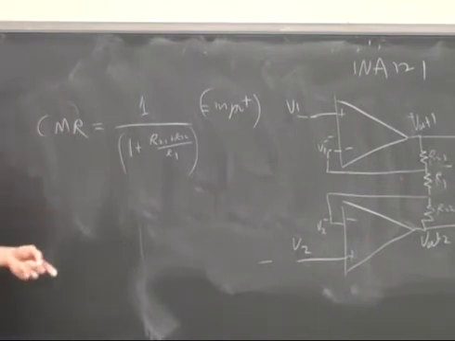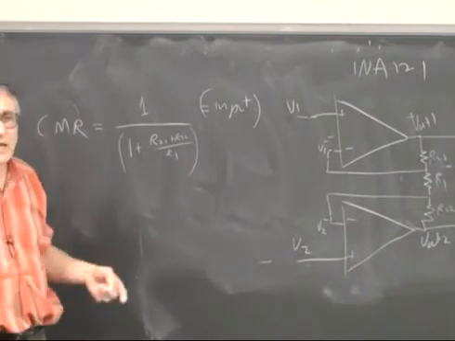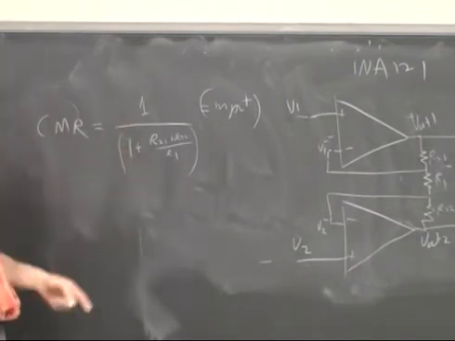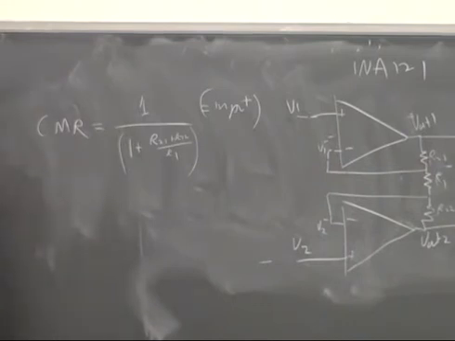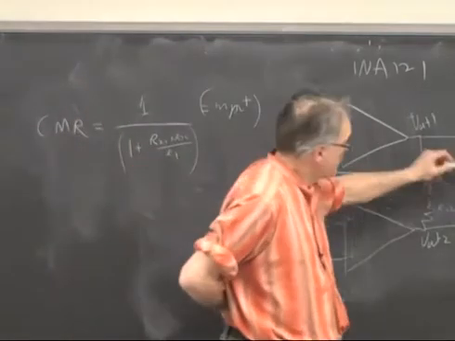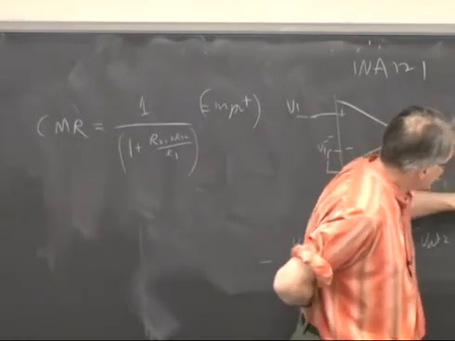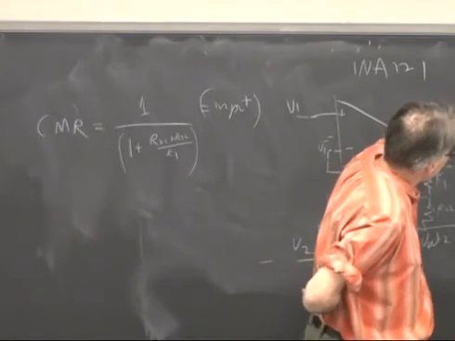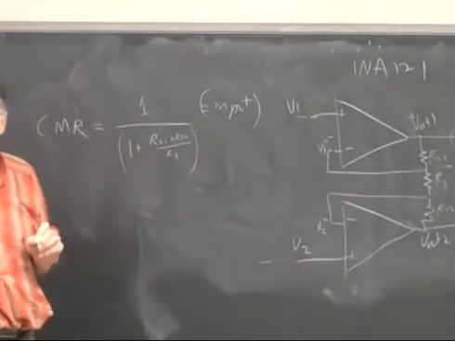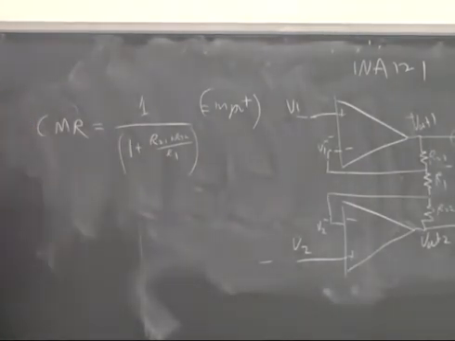So if you were to operate this system at a gain of 100, then the common mode rejection ratio would be 1/100th. And for the INA121, these four resistors are matched within 0.1%, which gives you another factor of 1,000 in common mode rejection.